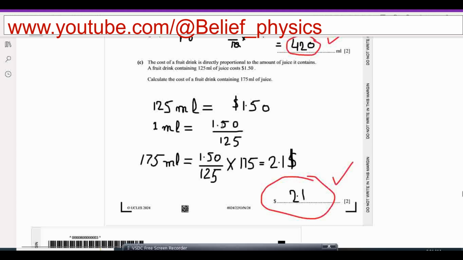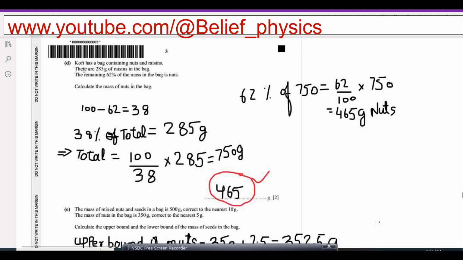We put 1.50 over 125 into 175. It comes out to be $2.1. So the cost of 175 milliliters is $2.1. That's it.